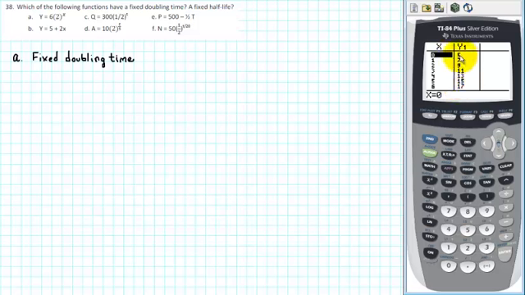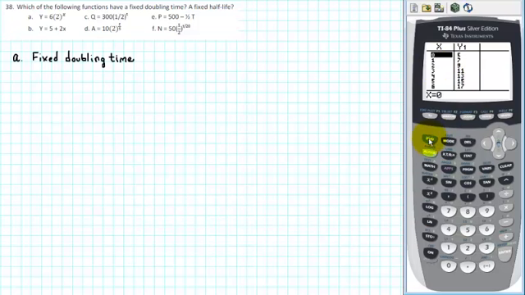How long does it take for 5 to double to 10? Well, 10 is halfway between 9 and 11, and so it will take between 2 and 3 units of x for the quantity to double. Since this is a linear function, it'll take 2.5 units of x for the function to double.